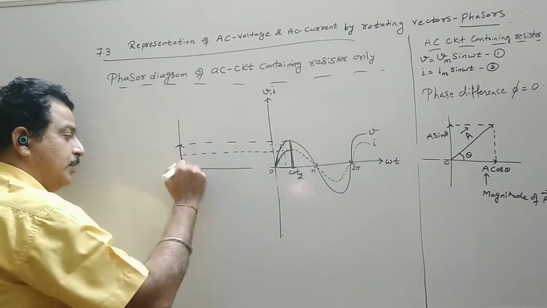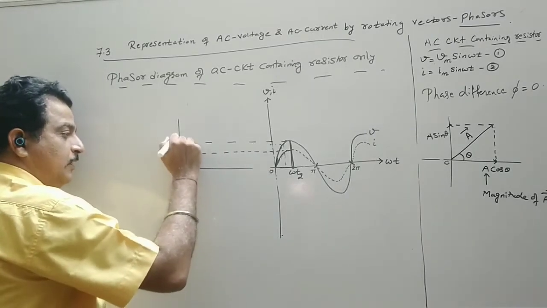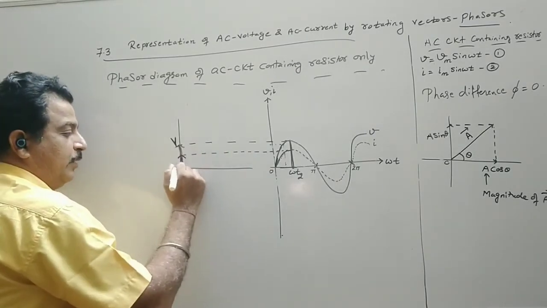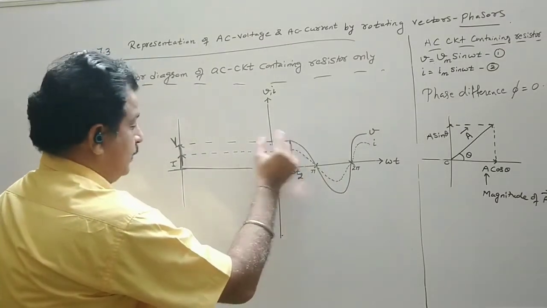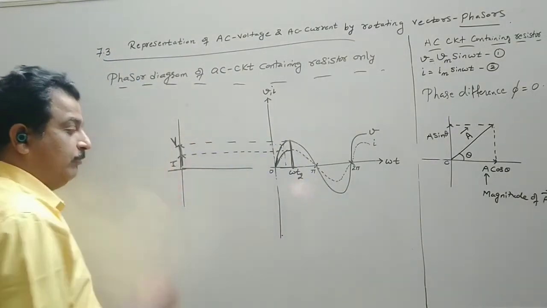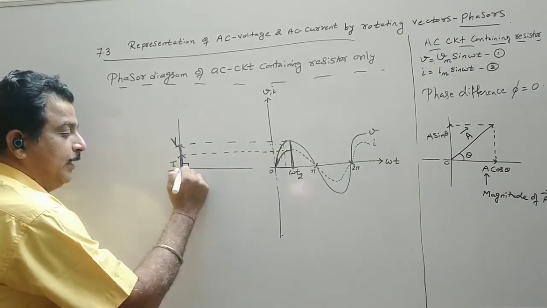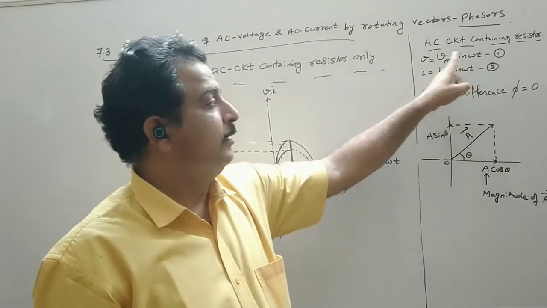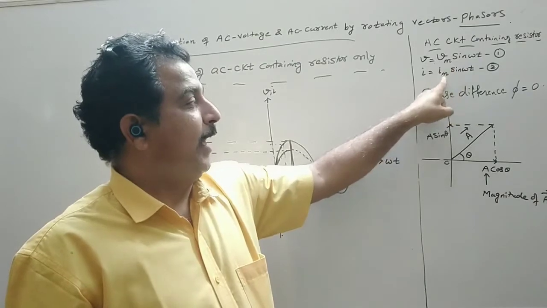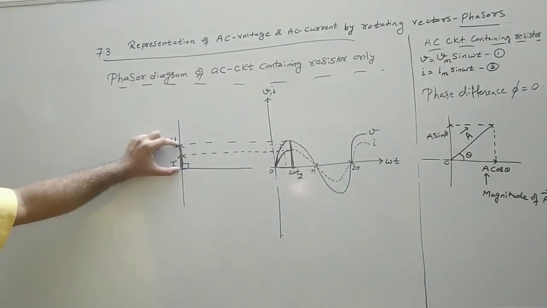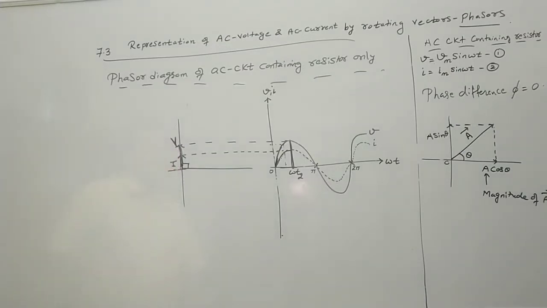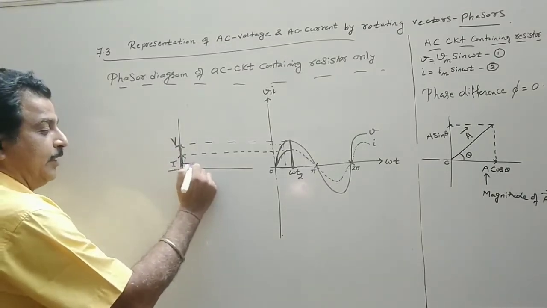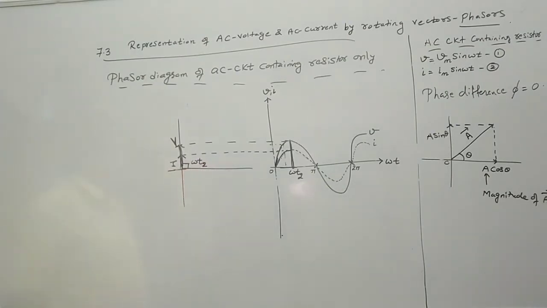Now this becomes V and this phasor becomes I. Again this is the situation. We know this is a peak value Vm. So this is your Vm now. And what is the angle? 90. You put that sin 90 Vm, sin 90 Im. So this will become Vm and this will become Im. So I will say this is a phasor diagram and this angle value will be equal to omega t2.